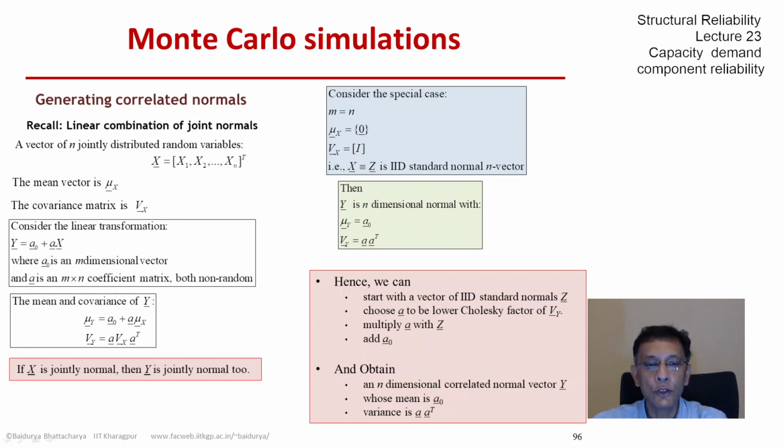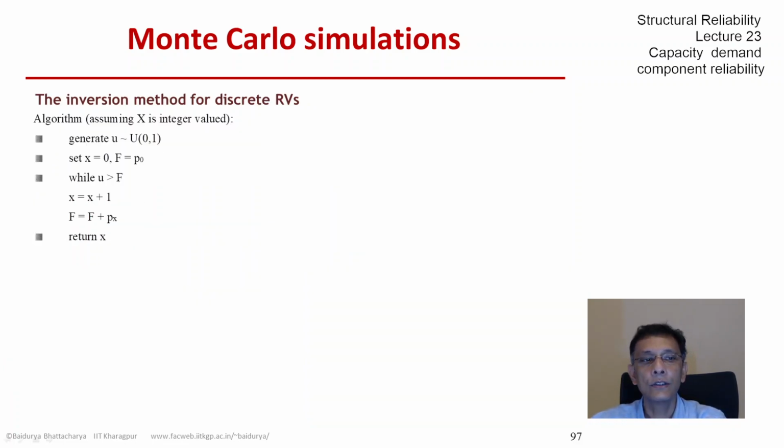Let's move on to Monte Carlo simulations using the inversion method for discrete random variables. So the general algorithm is this, that we generate the standard uniform u, and then let's say x is integer valued. So we set x equals 0, and then let us set F at p0, the very first PMF.